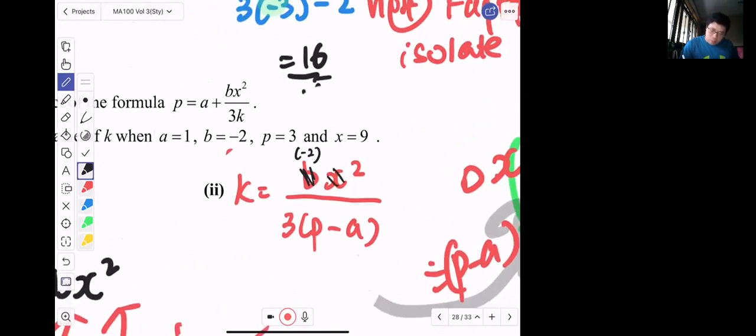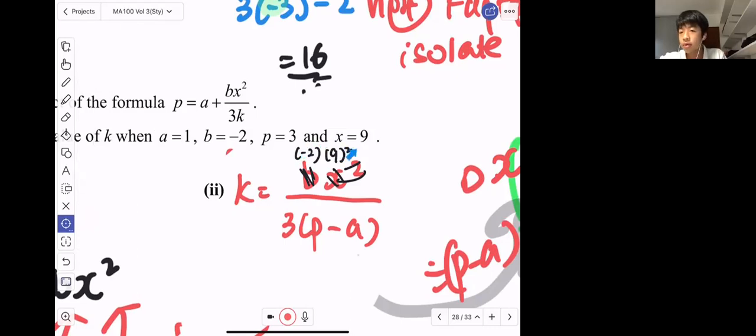So x square is going to become 9 square. Negative 18 square? Think carefully. Does the square affect the negative 2? No. So you calculate 9 square first. Remember, bracket and index come first.